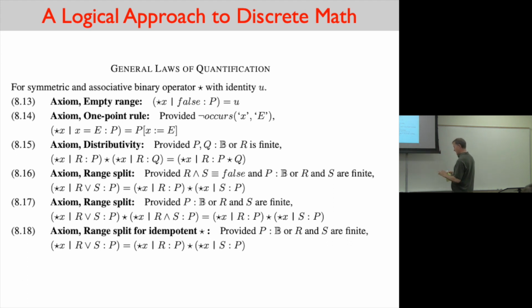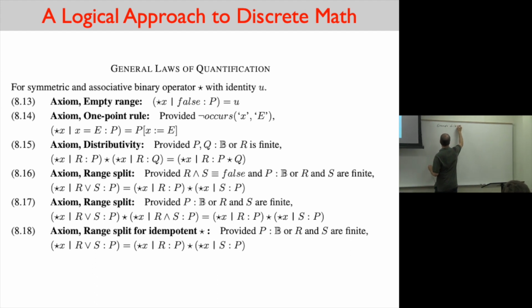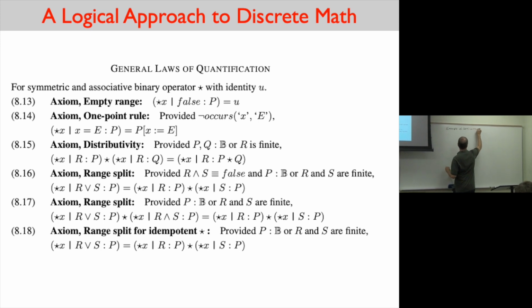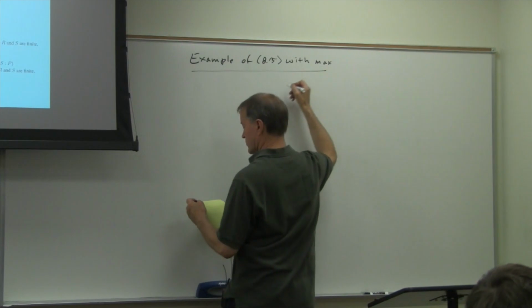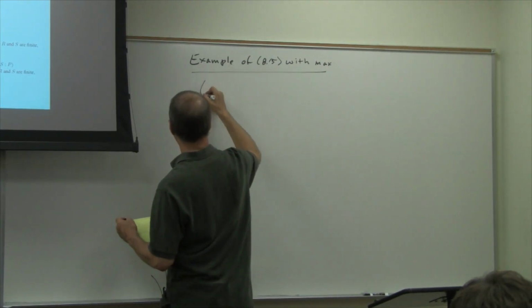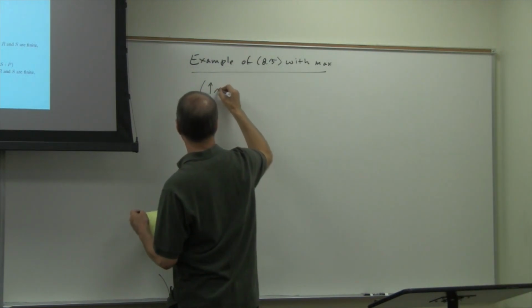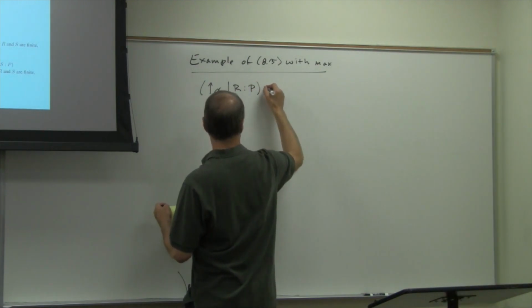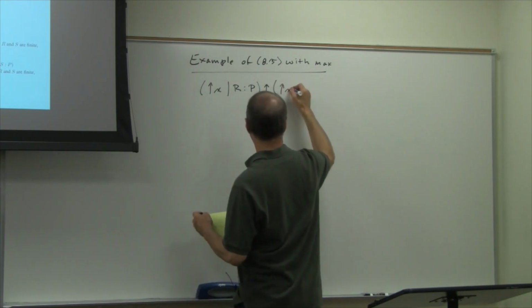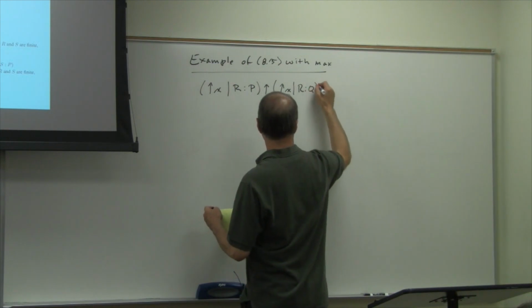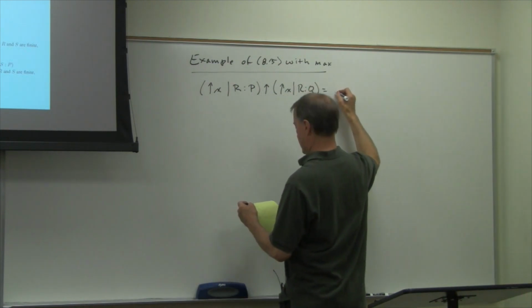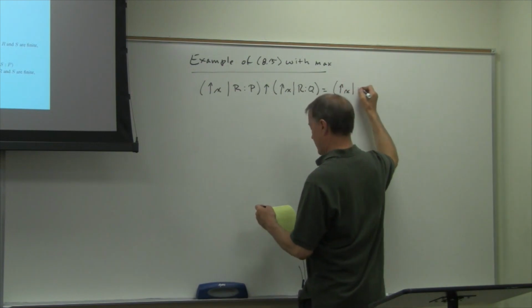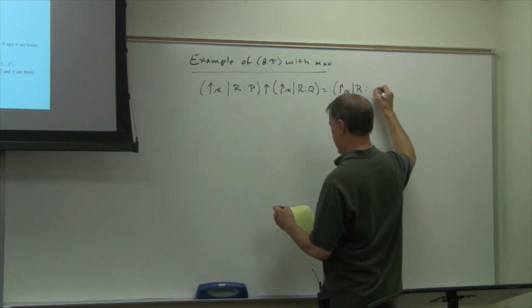Just to show you how this works with max, 8.15 with the star being max would be max over x, range r, body p, max max over x, range r, body q, equals max over x, range r, body p max q.